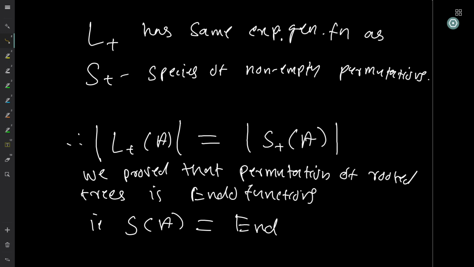The species L plus of A and the species S plus of A must have the same number of elements on a set U. In fact, I should write it together with some set U, on U or on n, whatever. On an n-element set or on a set U, they are the same. The cardinality is the same.